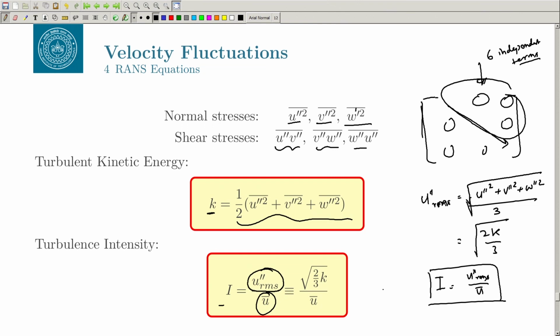Once you know the intensity, you can use that in the model to find different terms, including the turbulence kinetic energy, dissipation rate, and hence the stresses.